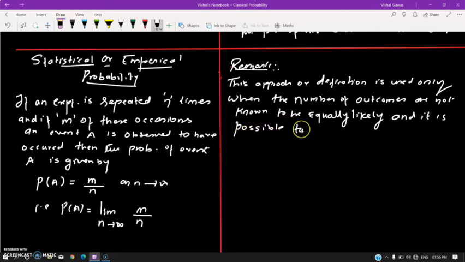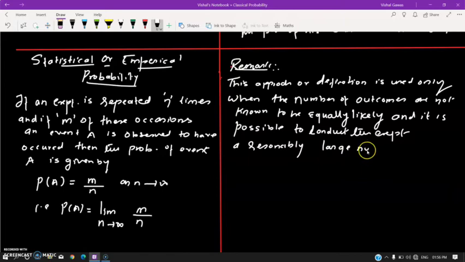to conduct the experiment a reasonably large number of times, subject to the budget and the cost, right?